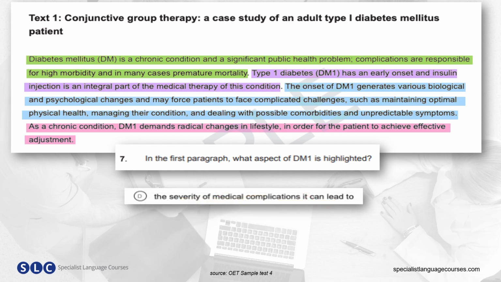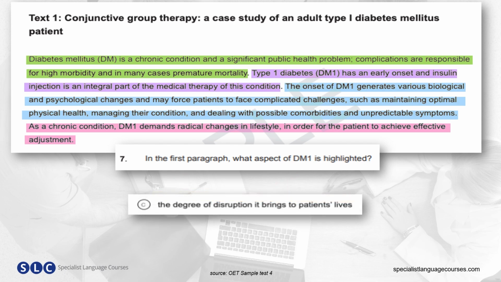Well, it does talk about possible comorbidities and unpredictable symptoms, but it doesn't mention the severity of these. So again, not all of the answer option is talked about. And if we look at option C, this option mentions a degree of disruption and specifically to the patient's lives. And both these ideas are indicated in the text here.